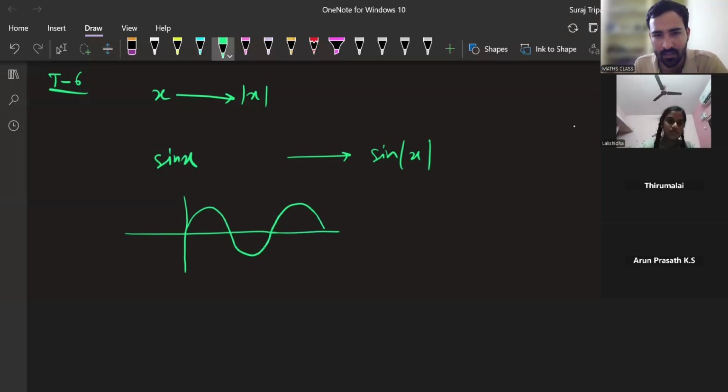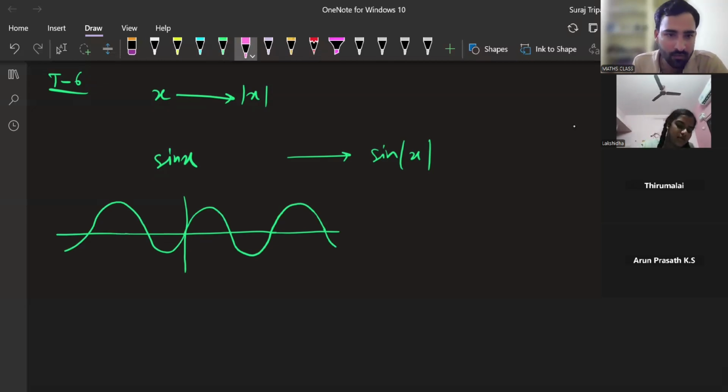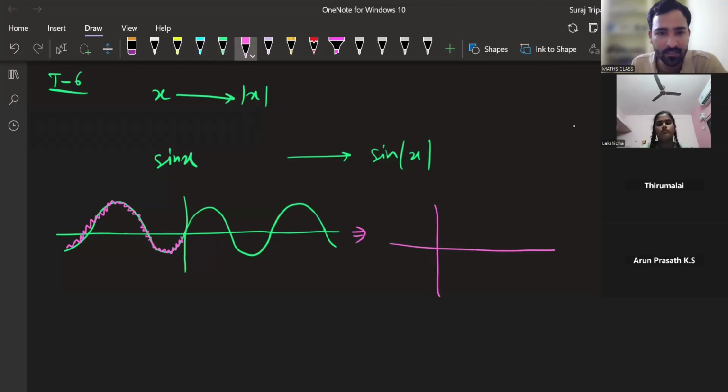If any graph is given like this one, while changing x to mod x, what do we have to do? We have to remove the portion of the graph which is present on the left side of the y-axis. We will delete this graph, and whatever graph is present towards the right-hand side, we will take the reflection of that graph with respect to the y-axis.